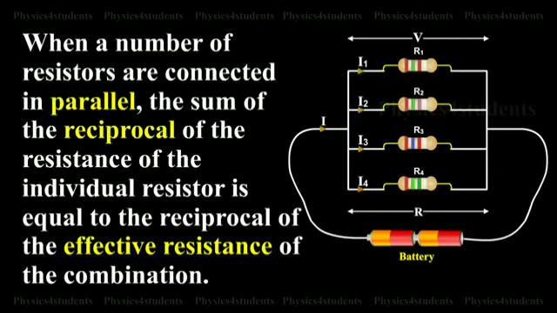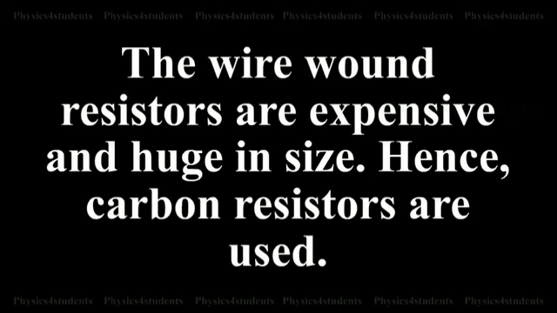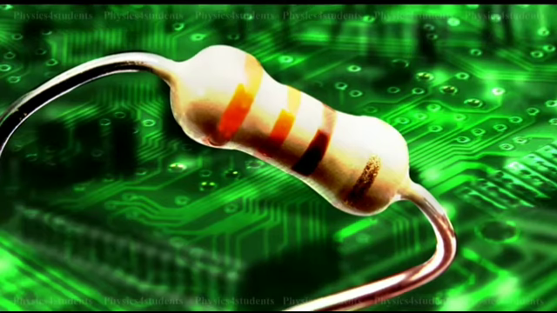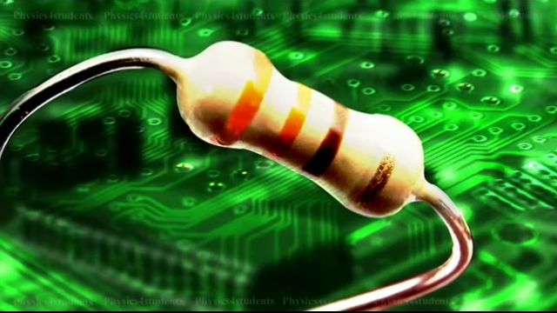When a number of resistors are connected in parallel, the sum of the reciprocals of the resistances of the individual resistors is equal to the reciprocal of the effective resistance of the combination. Okay. The next topic is color code for carbon resistor. Carbon resistors consist of a ceramic core on which a thin layer of crystalline carbon is deposited.